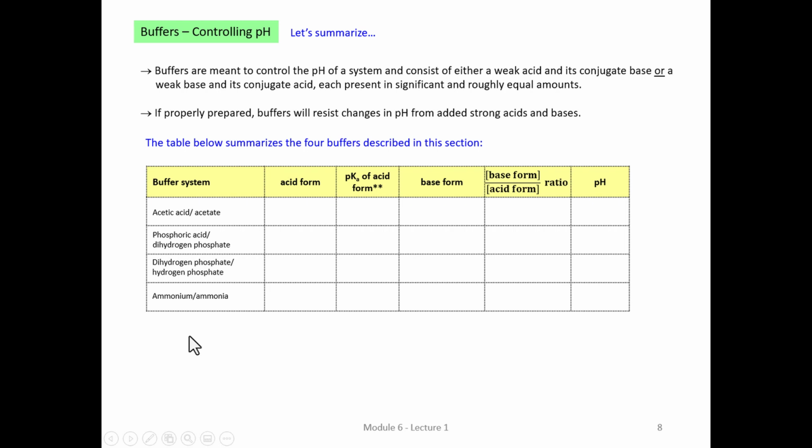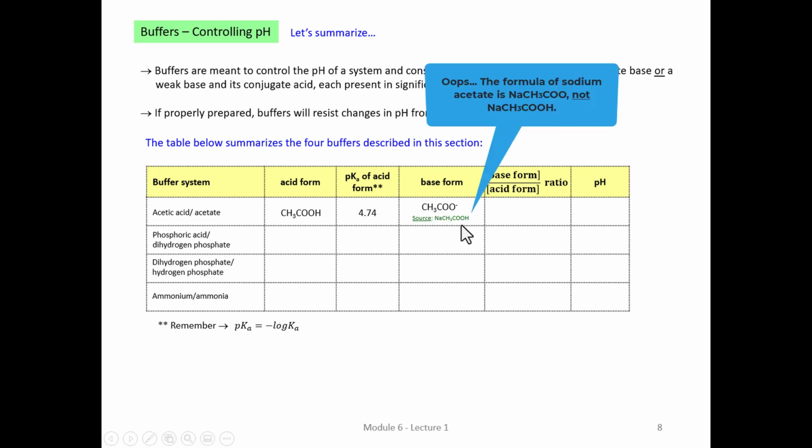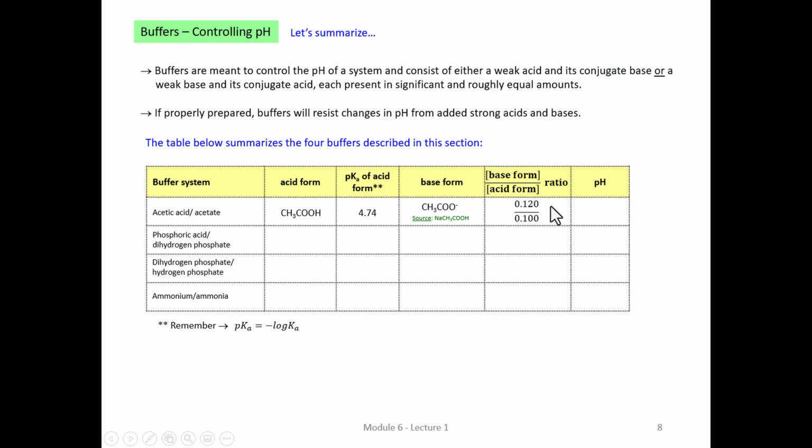Let's look at the acetic acid acetate buffer. The acid form, of course, was acetic acid. The pKa of that acetic acid was 4.74. The base form was, of course, acetate, and the source of that acetate was sodium acetate. The base form to acid form concentration ratio was this. pH turned out to be 4.82.